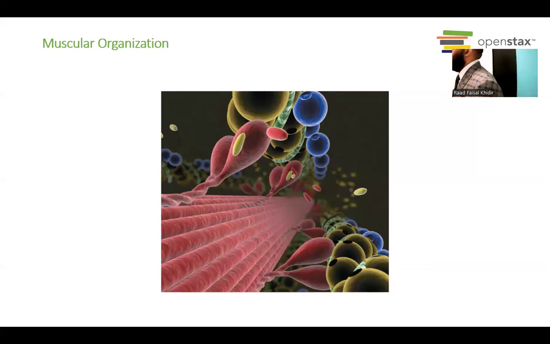Some of them are under voluntary control, like the skeletal muscle, your biceps, your triceps. You are able to move your bones because when these skeletal muscles contract, they are able to move the bone. But cardiac muscle is not under voluntary control.